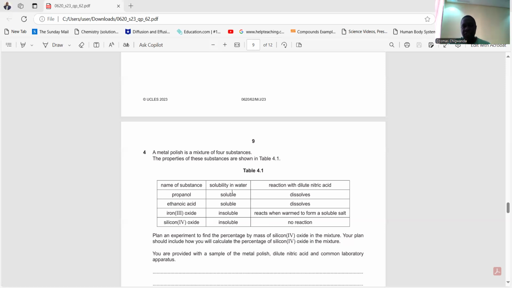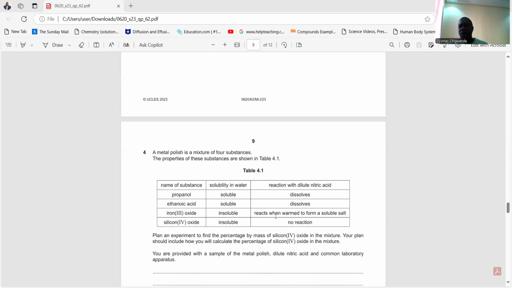We cannot use water, because if we want to isolate silicon 4 oxide and collect it as a residue, iron 3 oxide is also going to remain as a residue. But if we use dilute nitric acid, it is going to dissolve propanol, ethanoic acid, and iron 3 oxide.